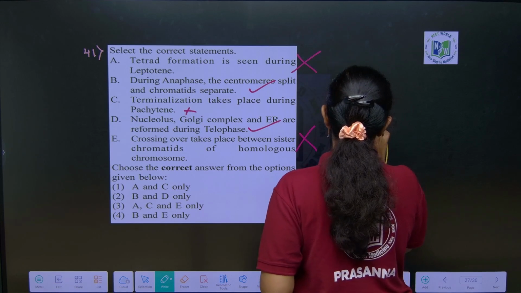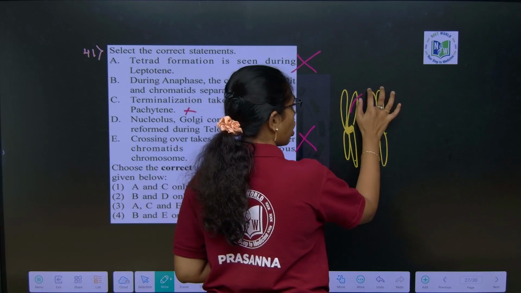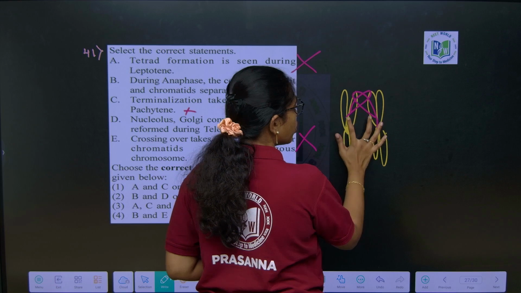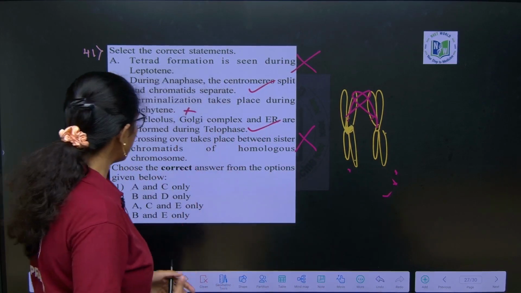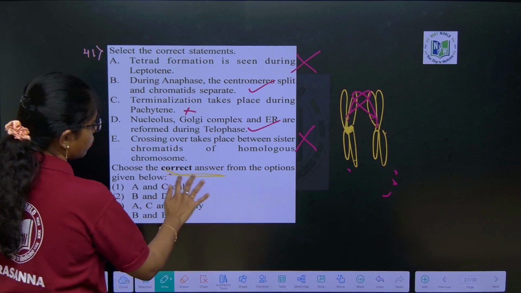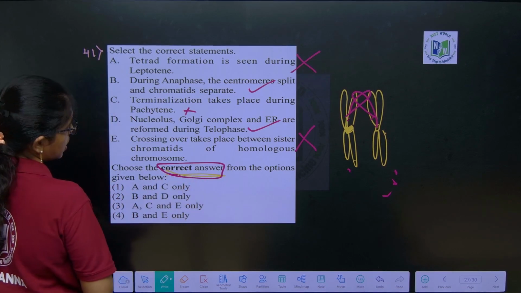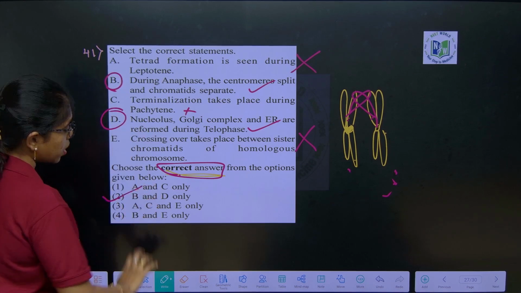See, these two are sister chromatids, these two are sister chromatids, but crossover takes place between two non-sister chromatids of homologous chromosomes. So what are the correct statements? They are asking for the correct statements. Correct statements are B and D, option 2.